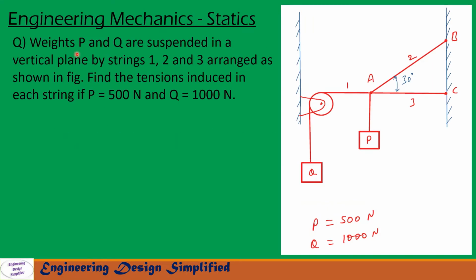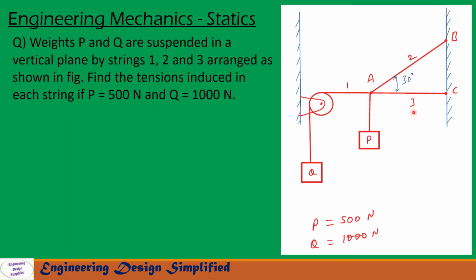Today's problem is: weights P and Q are suspended in a vertical plane by strings 1, 2 and 3 arranged as shown in figure. Find the tensions induced in each string if P equal to 500 Newton and Q equal to 1000 Newton. So in this arrangement, strings 1, 2 and 3 are arranged like this.